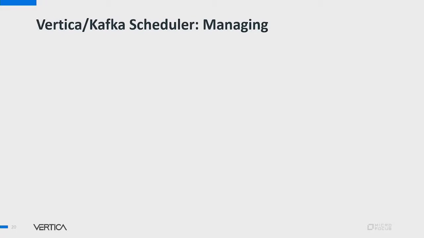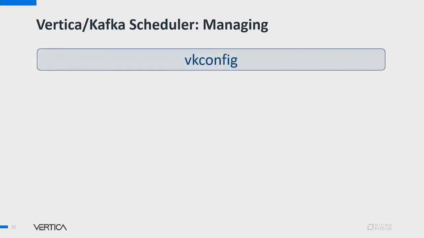In terms of managing and creating the scheduler, it can be done by using the vconfig script. And the vconfig script is installed along with Vertica. It comes with the Vertica RPM, and it is used to create, configure, and run schedulers.